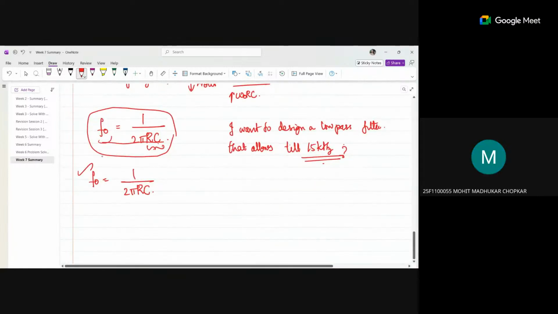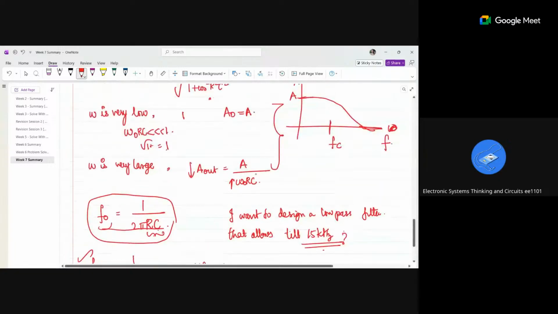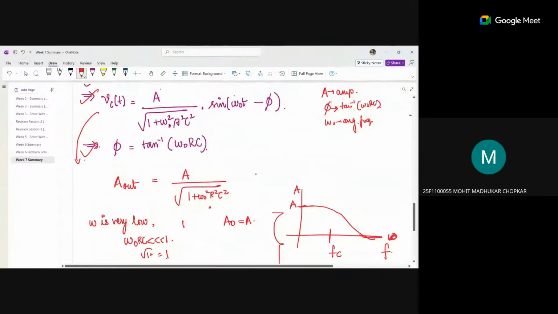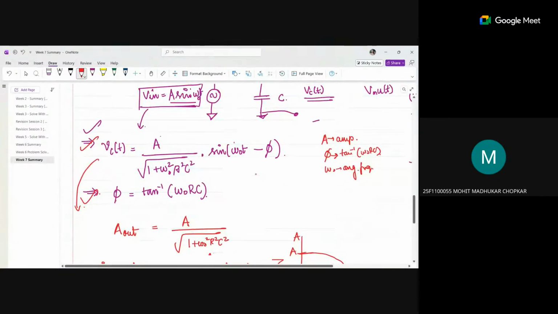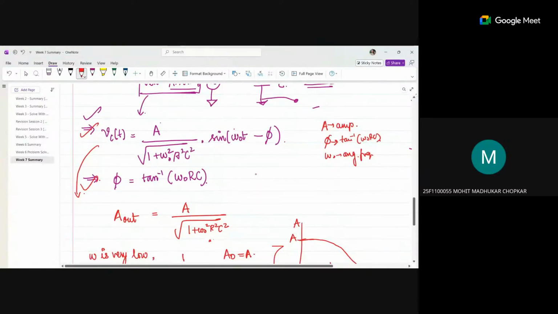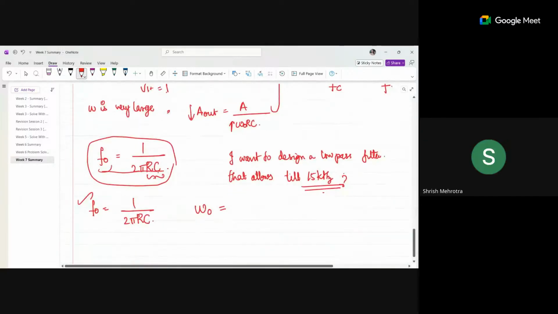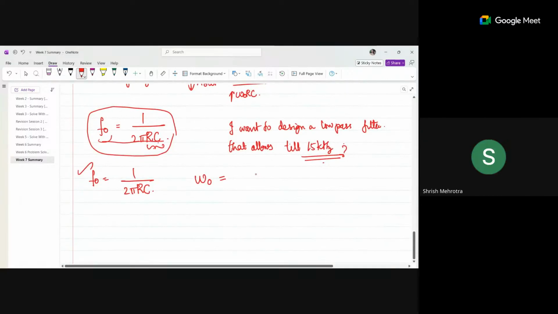Can you again explain how the cutoff frequency is calculated?